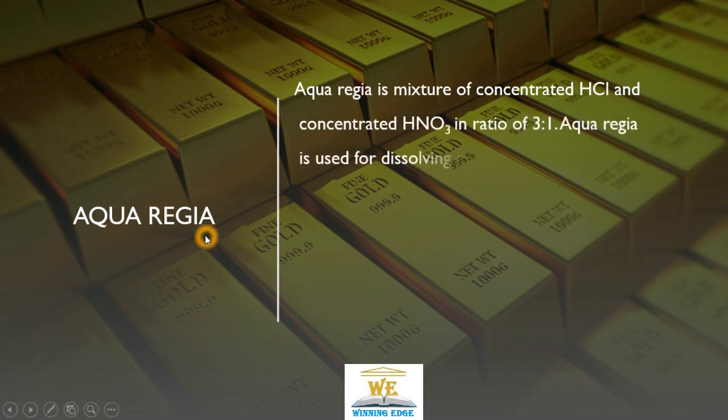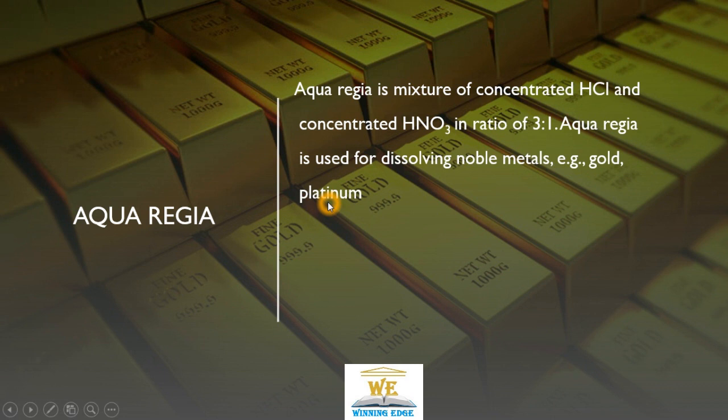Aqua Regia. What is Aqua Regia first? Aqua Regia is a mixture of concentrated HCl and concentrated nitric acid in a ratio of 3 to 1 that is used to dissolve noble metals like gold and platinum.